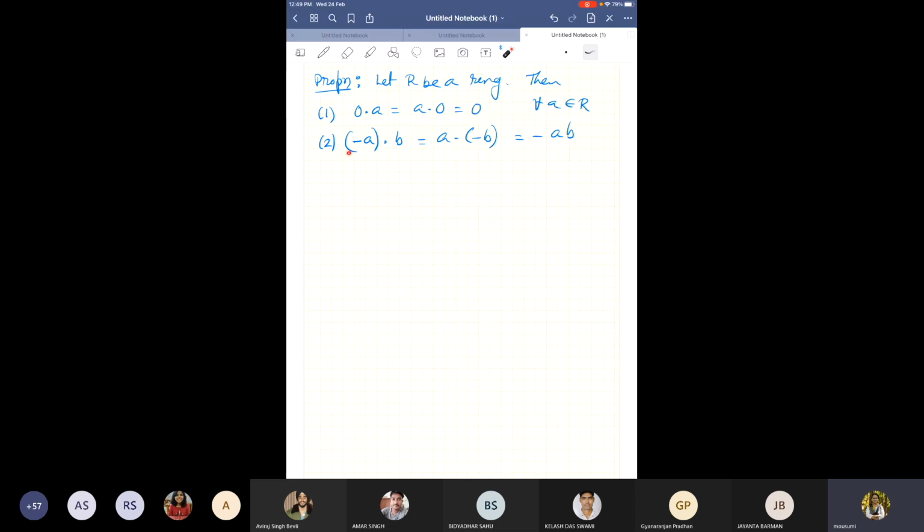It says that the additive inverse of A multiplied with B is the same as A multiplied with the additive inverse of B, which is the same as multiplying A and B and taking the additive inverse of that. Third, (minus A) into (minus B) is AB. And the fourth says that minus A is nothing but (minus 1) into A. Minus 1 is the additive inverse of the multiplicative identity 1.